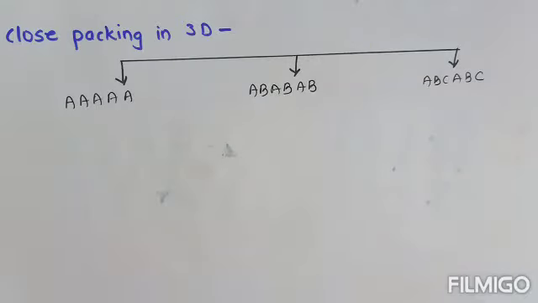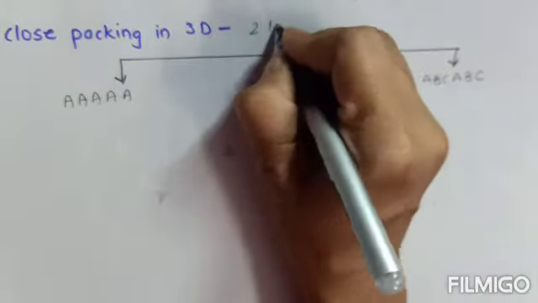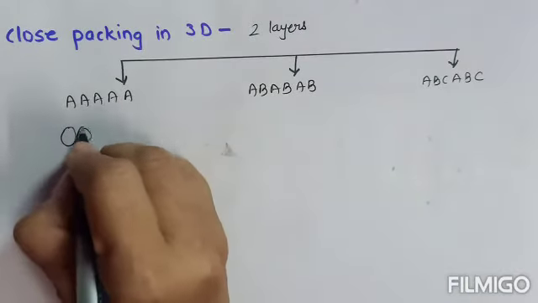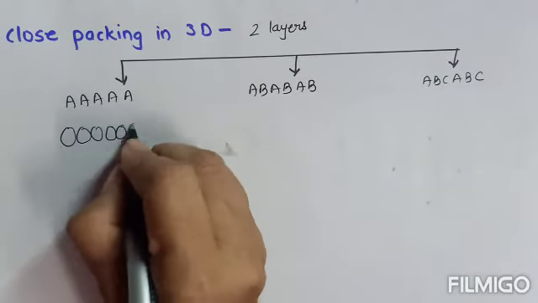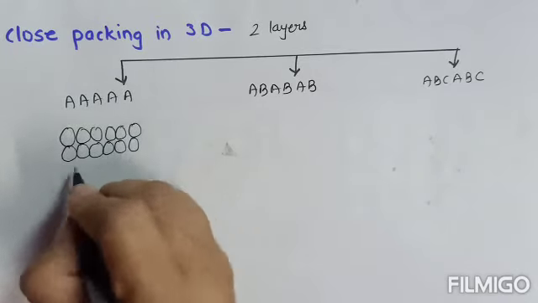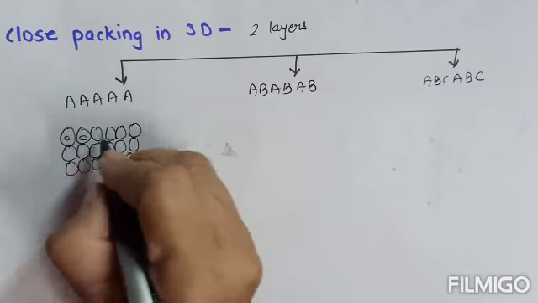Now what do we mean by AAAA type of packing? When we are discussing close packing in 3 dimensions, we are talking about 2 layers. So the first constituent particle layer, and the second layer will be placed just above it.